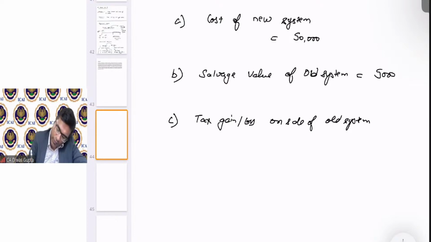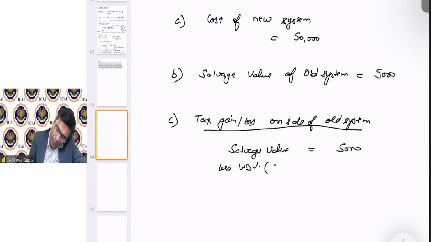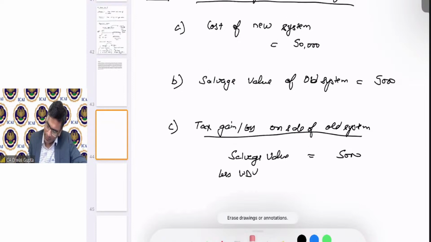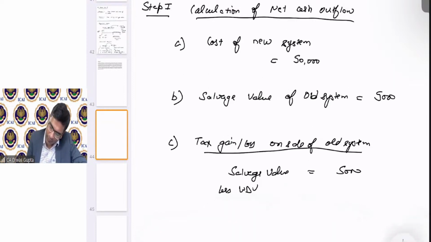So this we can simply compute. Salvage value is how much? 5,000 less WDV. WDV was how much? 25,000 for 10 years, multiplied by 5 years, right?